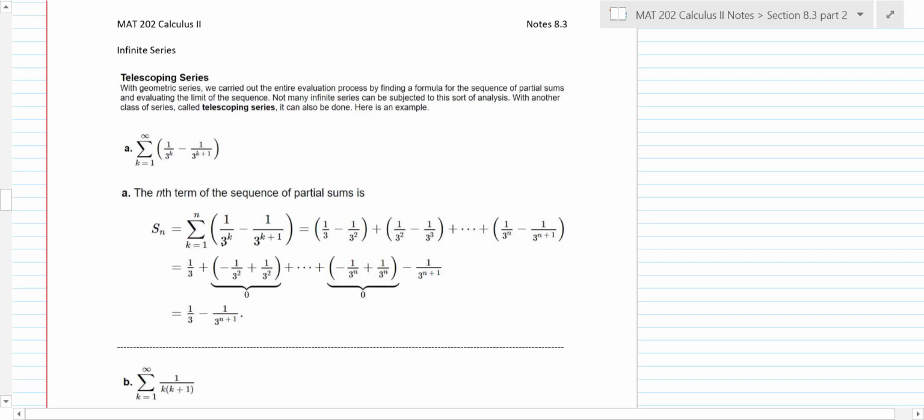So you're just doing 1 over 3 to a power minus 1 over 3 to one more power, like that. Now if you write this out, what I want you to see is what happens. This is what we call a telescoping series: you've got 1/3 minus 1/3 to the second. Then the counter goes up to 2, so this is going to be 1 over 3 to the second, 1 over 3 to the third, and so forth. Does that make sense? What's happening?